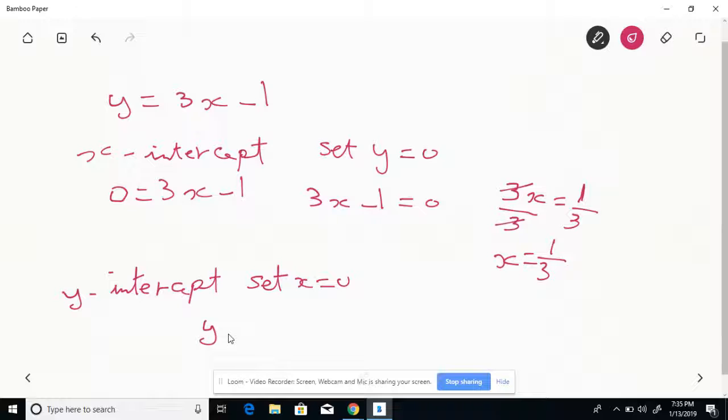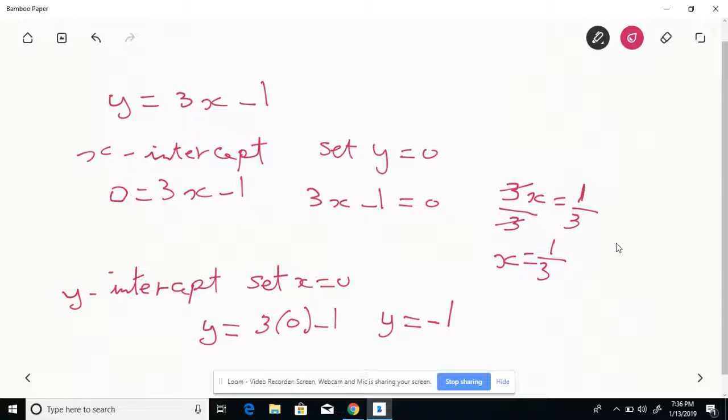Y equals 3 times 0 minus 1. 3 times 0 is 0, so y is going to be equal to negative 1.